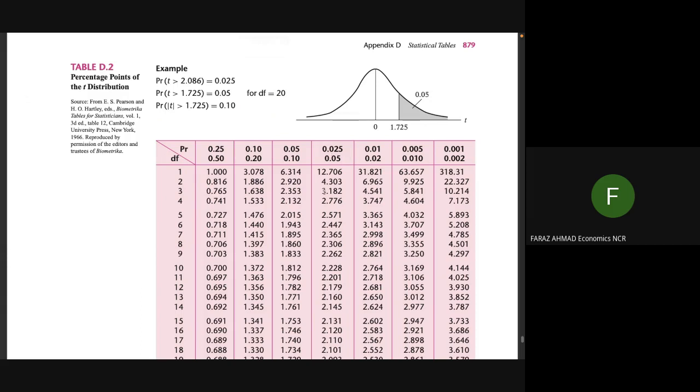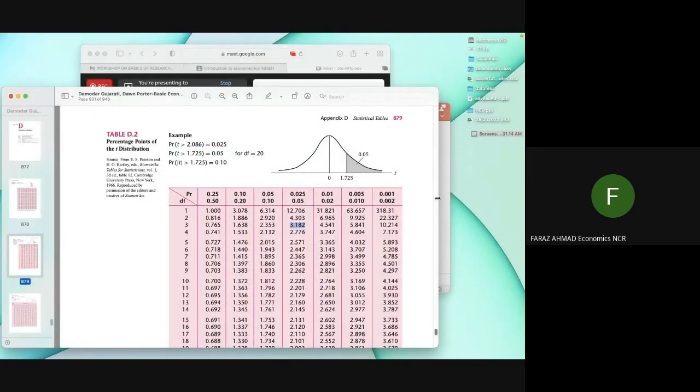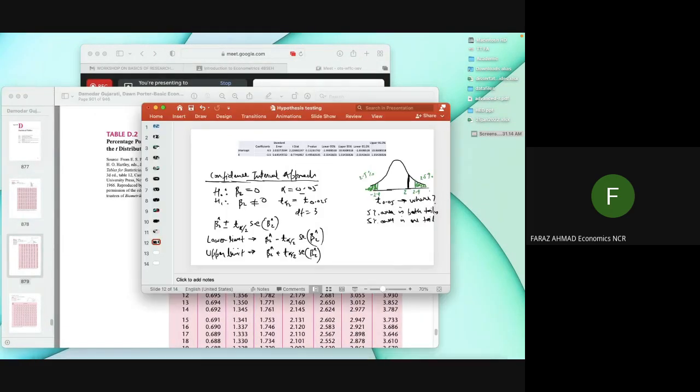For 3 degrees of freedom, it is 3.182, right? Because in two tails, it will convert to 5%, and in one tail, it is 0.025. So the value is 3.182. We got it from here. Now I'll go back and use this value, 3.182, in Excel.